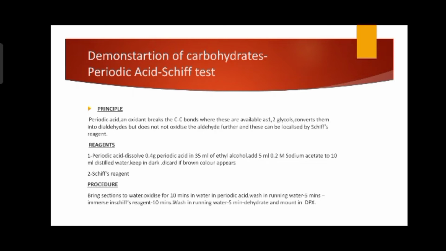After that, place the sections in periodic acid solution for 5 to 10 minutes. Rinse these sections in water and treat with Schiff reagent, covering with Schiff reagent for 20 to 30 minutes. And again rinse this in running tap water for 5 to 10 minutes.